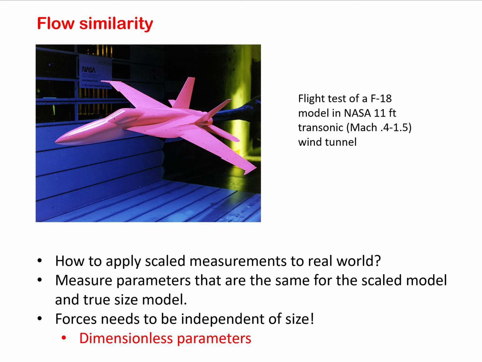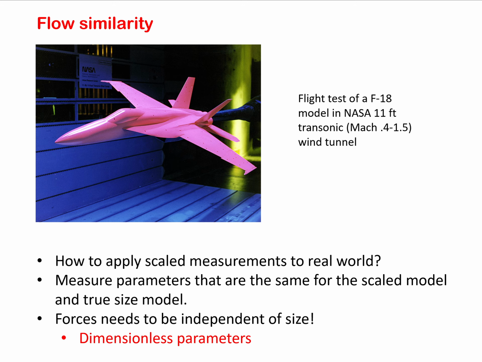What does the flow similarity concept tell us? It says that if you replace your forces with dimensionless forces, you have effectively made your forces independent of the size of your sample. So essentially, if we come up with a new variable that can replace force for us, we can use those measurements for a smaller scale model for the bigger true size version of our scaled model.